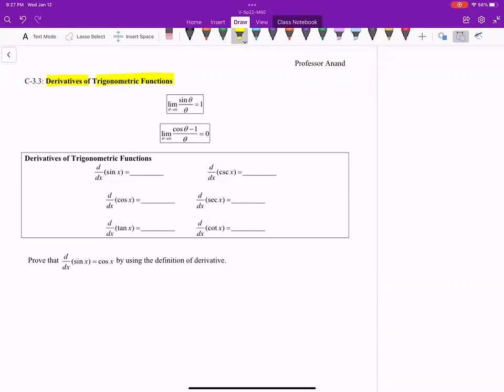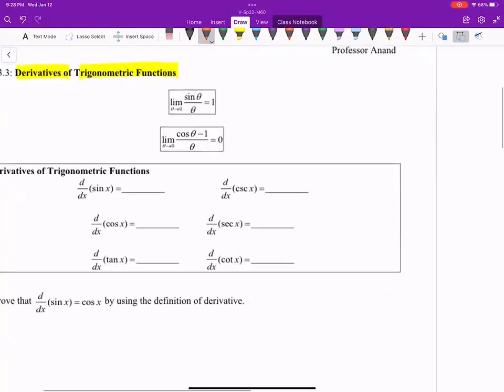Before we get to the details, we need two formulas that we quite often use, even to prove that the derivative of sine x equals cosine x. The limit as theta approaches 0 of sine theta over theta equals 1. If you graph sine x over x in your graphing calculator, in the neighborhood of 0, you will notice that the value is equal to 1.